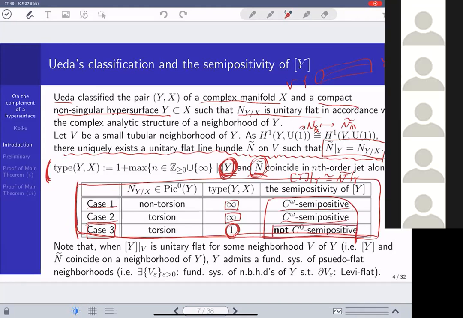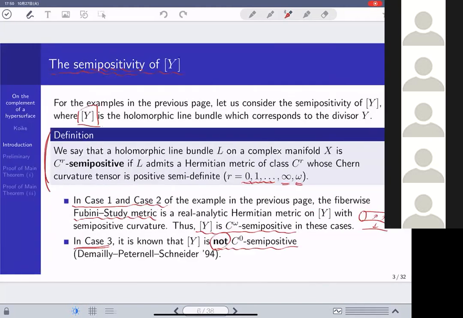So, for the definition of C^W semipositivity, that means that it's C^W continuous. For the W here, it means that it's real analytic. Sure, I wanted to write omega here.